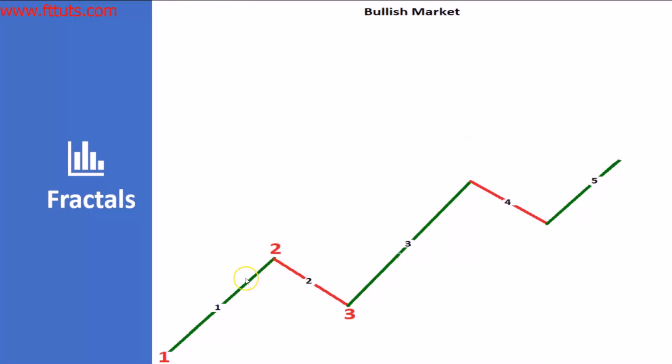On a bullish market, you're going to see the market creating 1, 2, 3 levels and then continuing to make 1, 2, 3. In a bullish market, level 2 is a fractal level. So 1, 2, 3, and then 1, 2, 3.